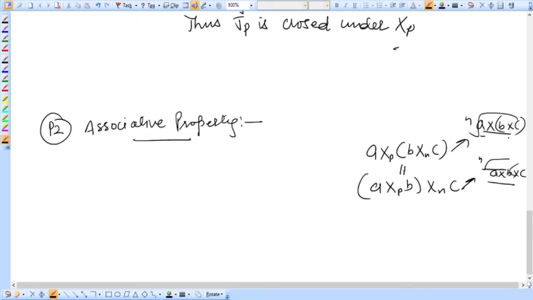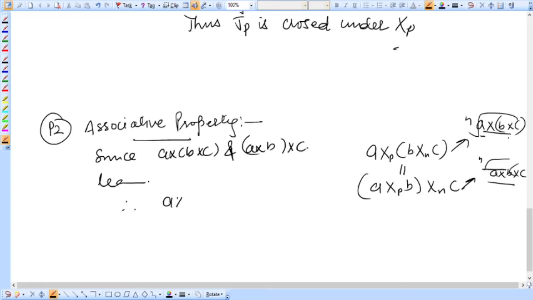Okay, so therefore we can say, since a multiplied b and c and a b into c leave the same remainder when divided by p, therefore a multiplication modulo b modulo c is equal to a multiplication modulo b multiplication modulo c. Okay. Thus, this set holds associative property.